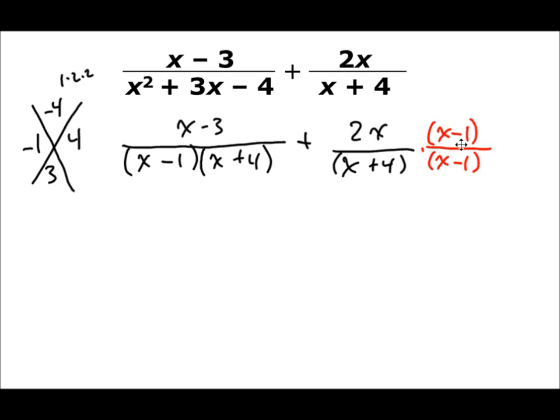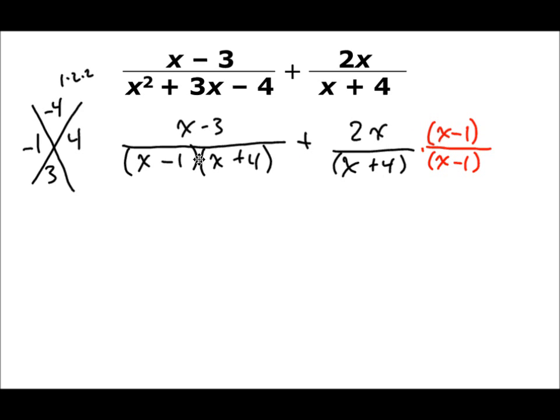as long as this expression is defined, it equals 1, with the exception that if x equals 1, I've got a problem. But in all other cases, x minus 1 over x minus 1 equals the number 1. So as I look at this now, I can see this is glorious. I'm so happy. I've got x minus 3 of those things plus 2x times this of those same things.